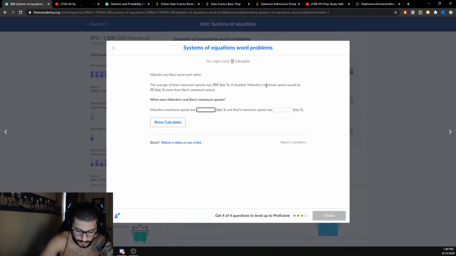Oh, I don't think I need it to. So I can just do y plus 80 plus y equals 260. 2y equals 260 minus 80, 180, divided by 2. So y equals 90.